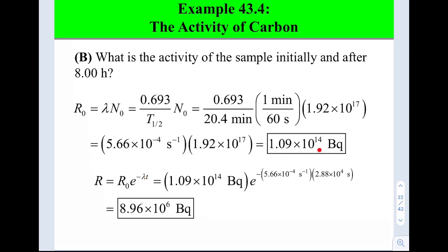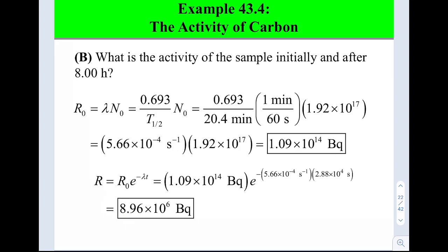So, substitute the R naught that we calculated just now, the lambda, and the t of 8 hours in seconds. You have to make sure the units cancel out, because the exponent supposedly has no unit, since exponential is a mathematical treatment.